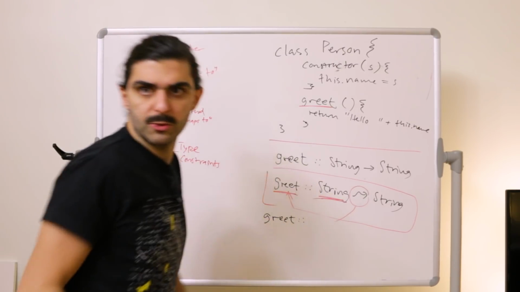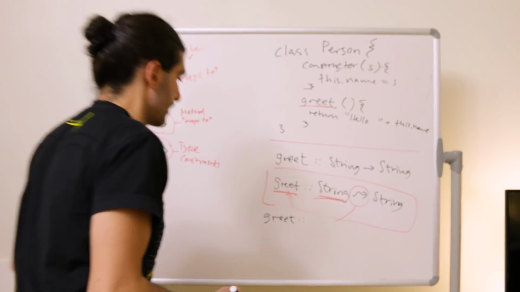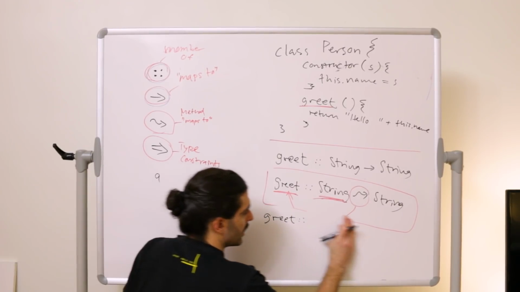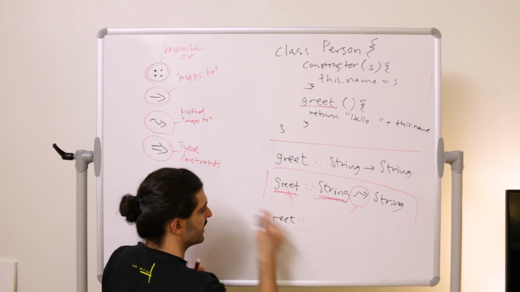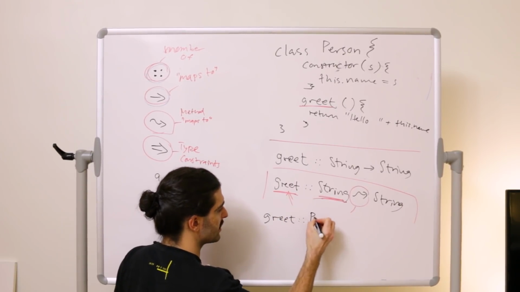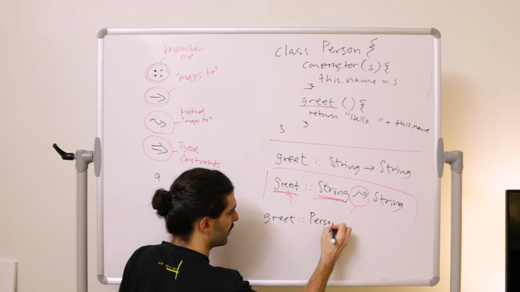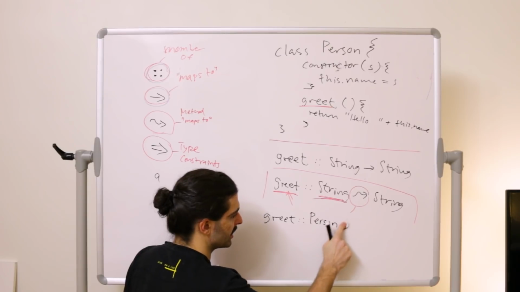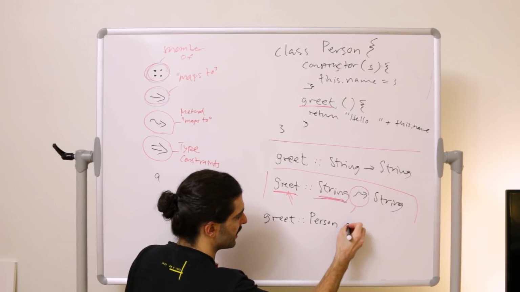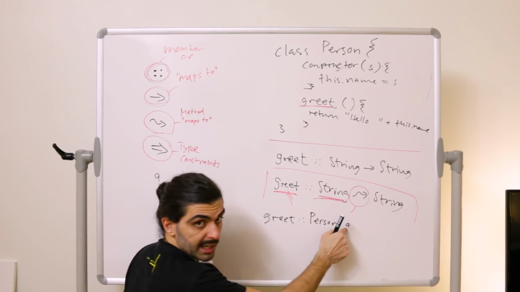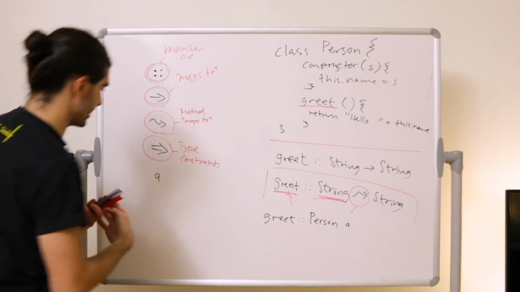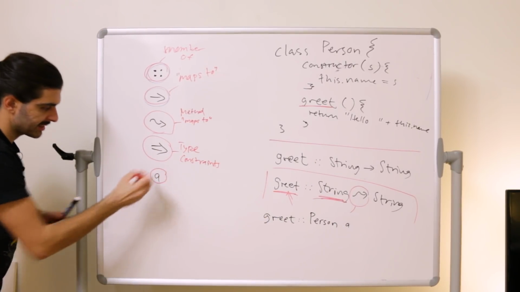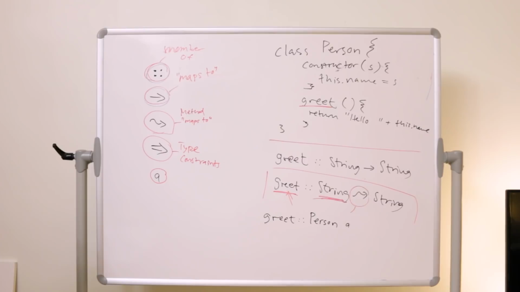Can you see this? Is it too far down? No, you can see this, cool. This assumes that there is an instance of the class called person, and I'll refer to that person using the lowercase variable a here. So now we're also introducing this syntax, I guess it's generic variables or something like that. What do they call it here?